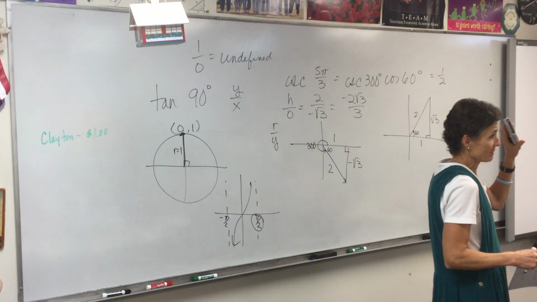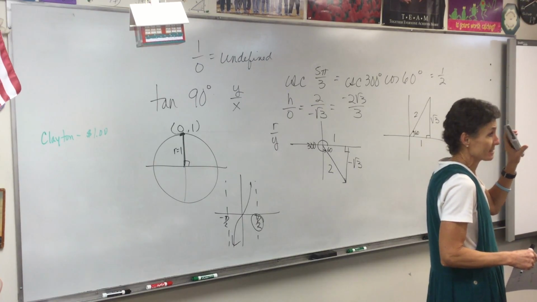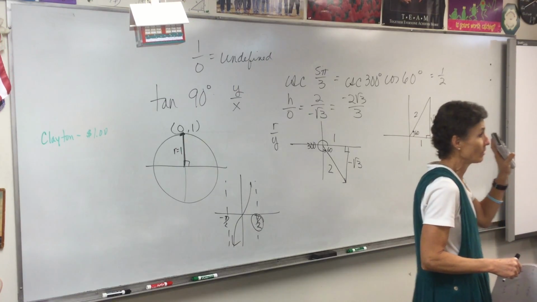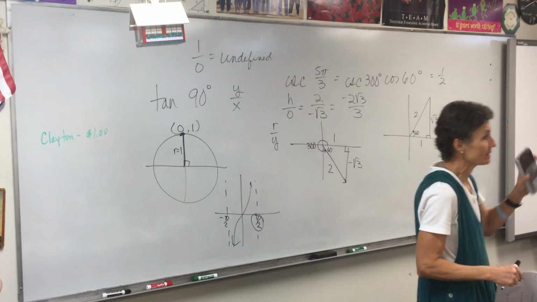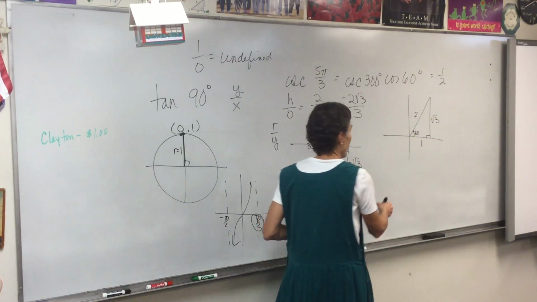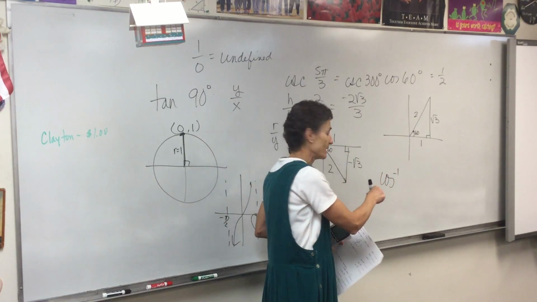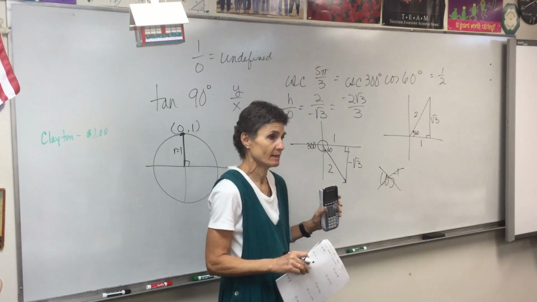You paid more than $100 for this calculator, and it does not even have a secant button. There is no secant button on this calculator. I don't want anybody thinking that's a secant. It is not. We're going to talk about what that is, but it is something not secant.